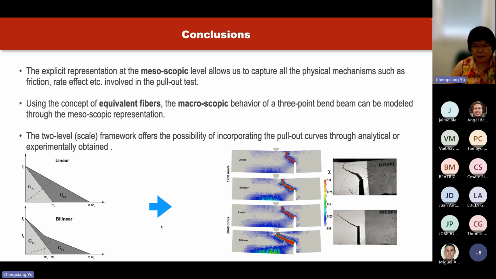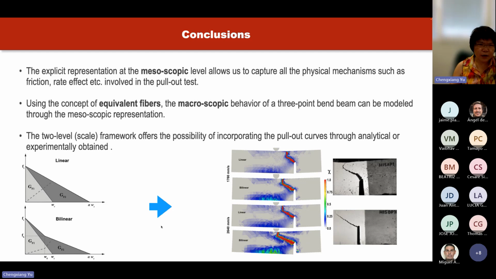So the idea is that once we have the pull-out model working, we can generate a database of the fibers with all the possible directions and all the possible inclination angles, and then we assign this behavior to a constitutive level model for each fiber.